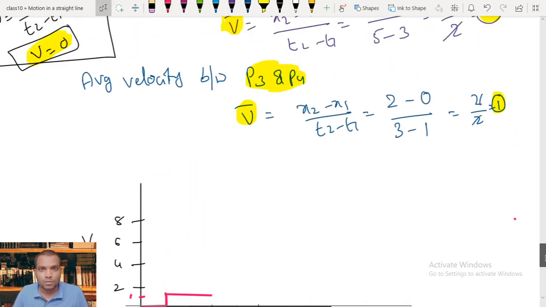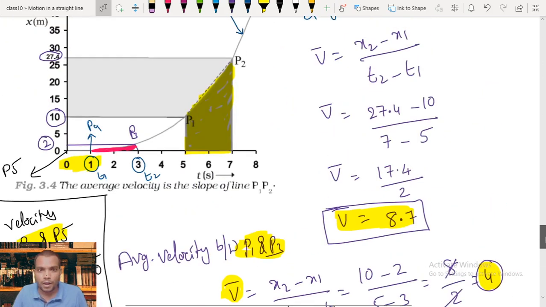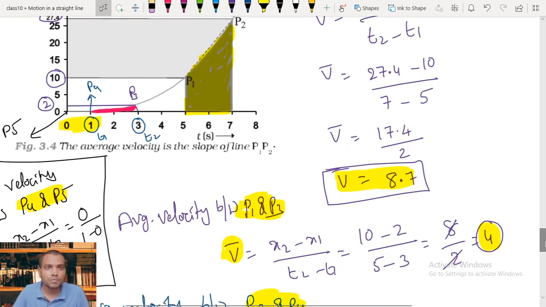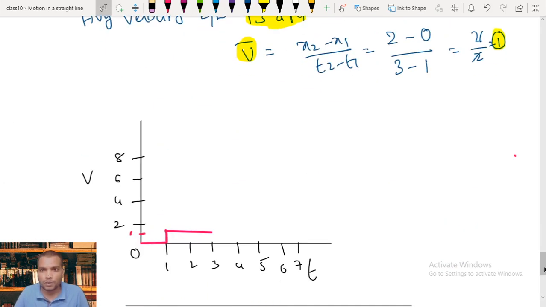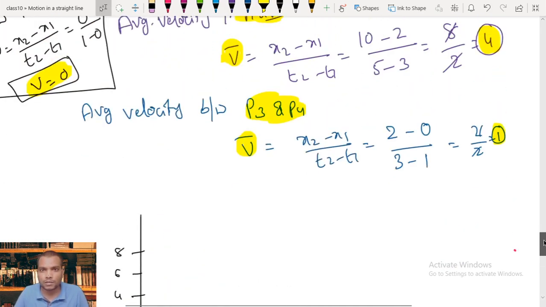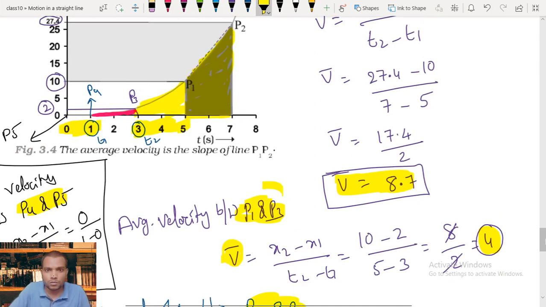Now after 1 to 3 is over, between 3 to 5, this is this segment. From 3 to 5 segment means P3 to P1. So P3 to P1 I got it here, its value is 4.